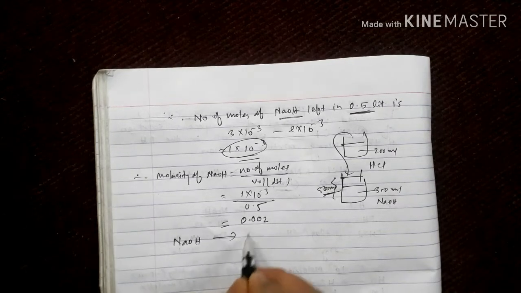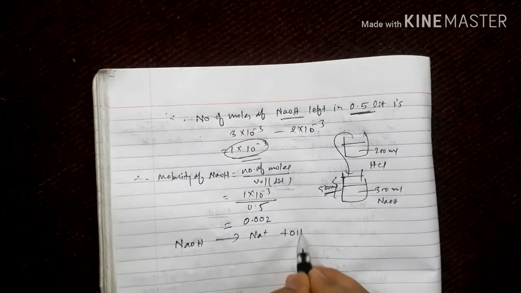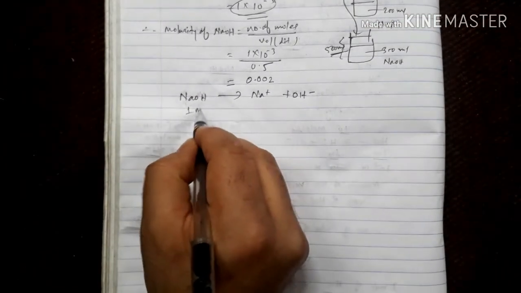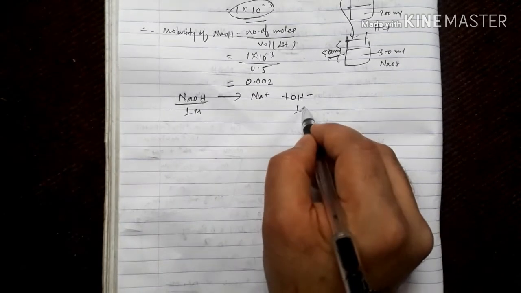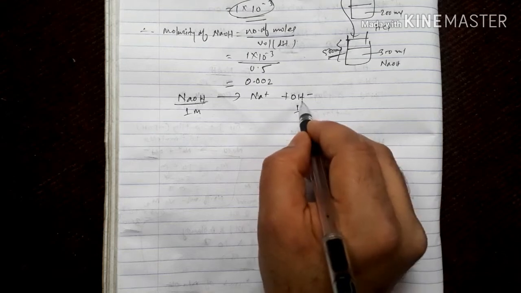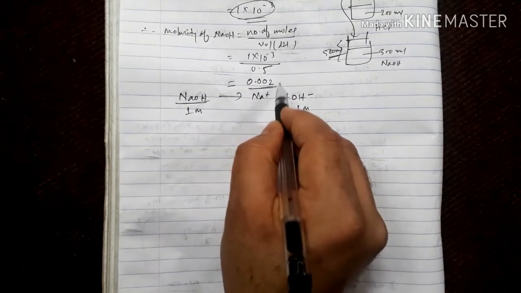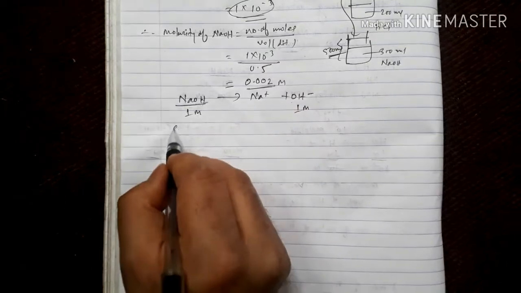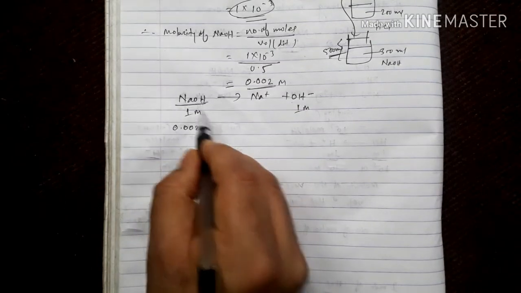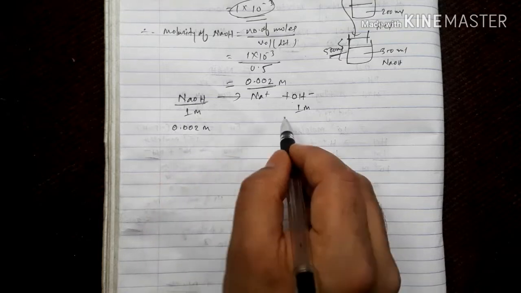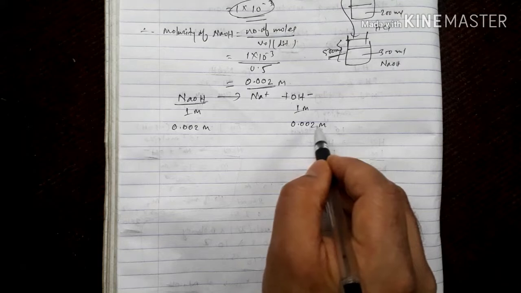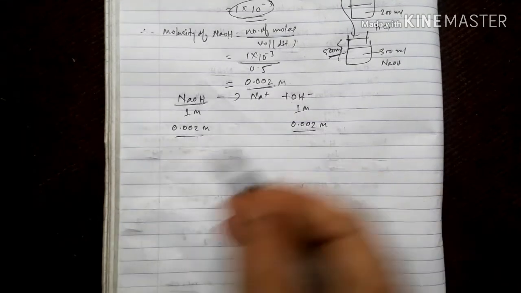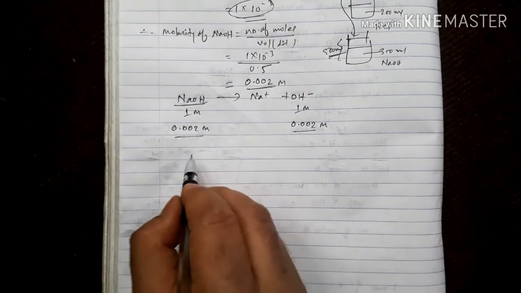NaOH gives Na plus and OH minus after complete ionization. 1 molar NaOH, that is 1 mole of NaOH in 1 liter, gives 1 mole of OH minus. Here the solution is 0.002 molar, that is 0.002 moles of NaOH dissolved in 1 liter. The OH minus will also be 0.002 moles in 1 liter, because it ionizes completely since it is a strong electrolyte.